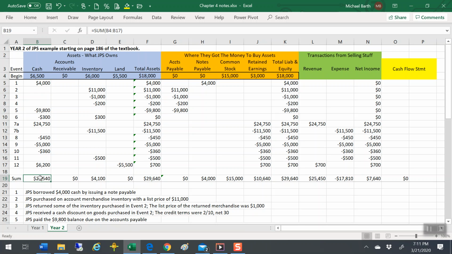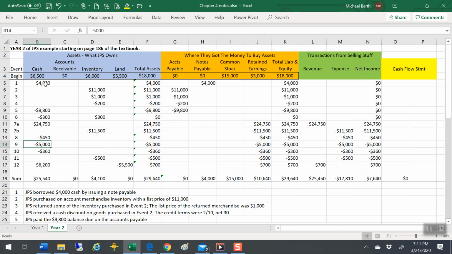How did that happen? Okay, well, there's a series of cash inflows, such as borrowing $4,000, outflows, paying for inventory purchases, inflows from revenue. Okay, so buying and selling stuff, buying and selling our land, buying additions to inventory, things like that.